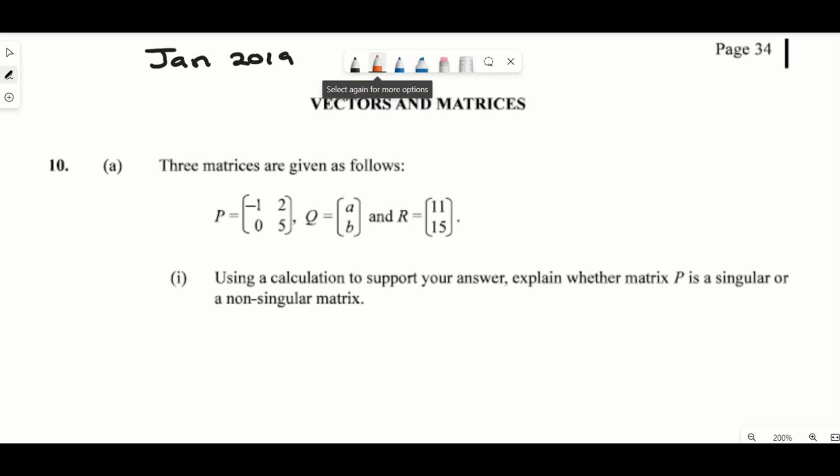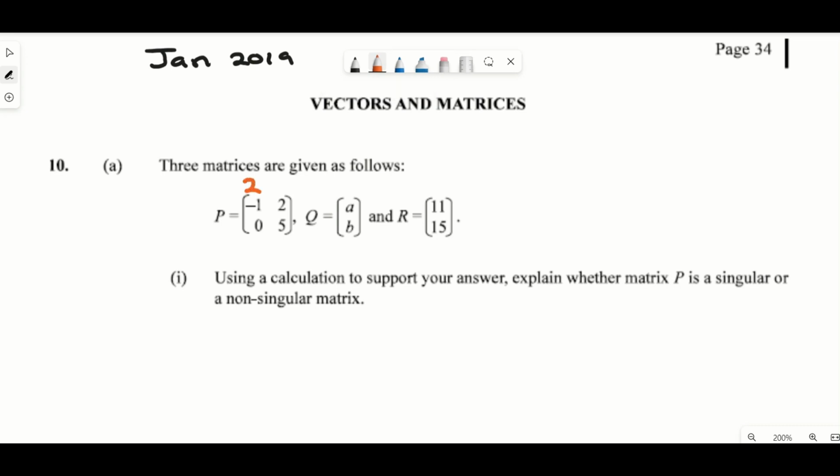Now, before you even begin, what you should do is first off write the order of your matrix. Now your order of your matrix is the number of rows multiplied by the number of columns. Your number of rows is your horizontals, and your number of columns would be your verticals, right? So if we look at P, this is 1, 2, so it's 2 rows and 1, 2, 2 columns.